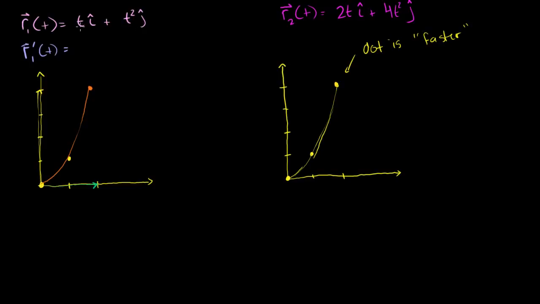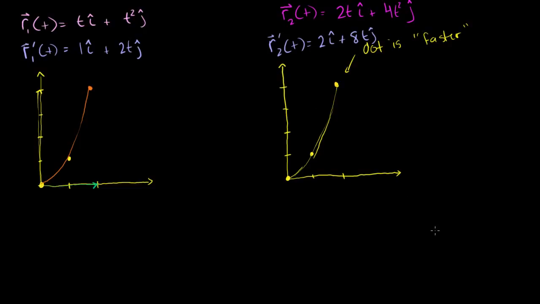The derivative of t with respect to t is just 1, so it's 1 times i, plus the derivative of t squared with respect to t, which is 2t, so plus 2t j. And let me take the derivative over here. r2 prime of t: the derivative of 2t with respect to t is 2, so 2i, plus the derivative of 4t squared, which is 8t. 2 times 4 is 8t, just like that.